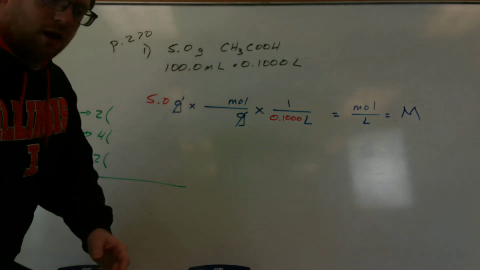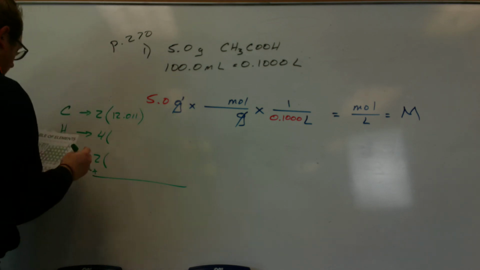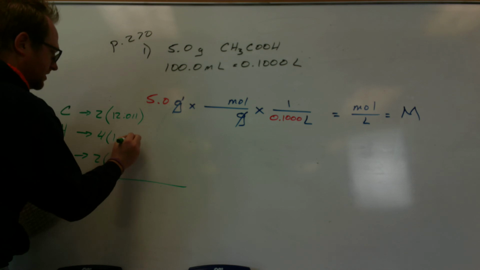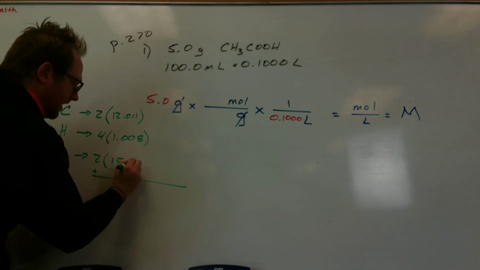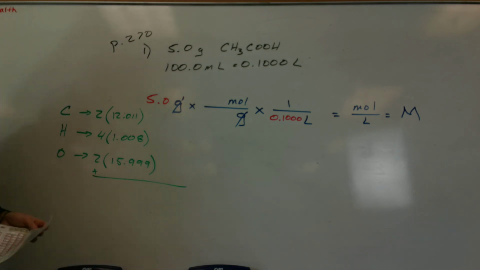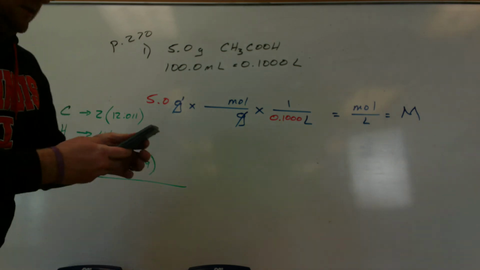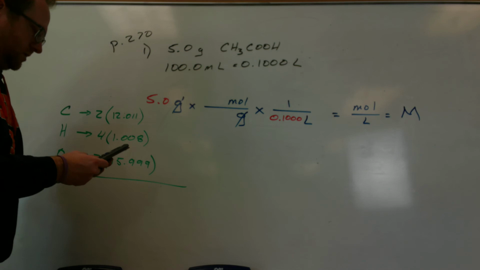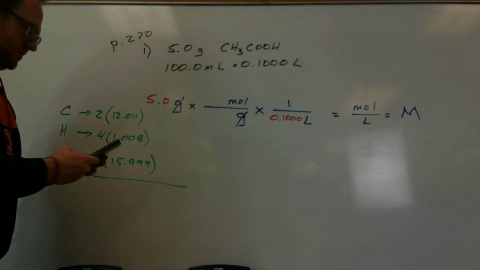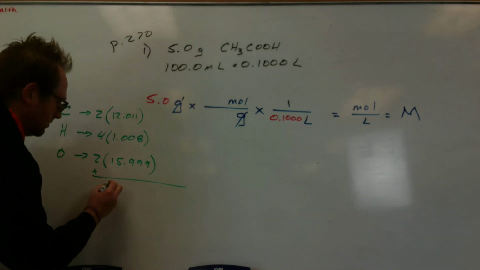So let's look it up. Carbon is 12.011. Hydrogen is 1.008. And oxygen is 15.999. All right, so I'm going to grab my calculator and add these up. So 12.011 times 2 plus 1.008 times 4 plus 15.999 times 2 gives me 60.052.